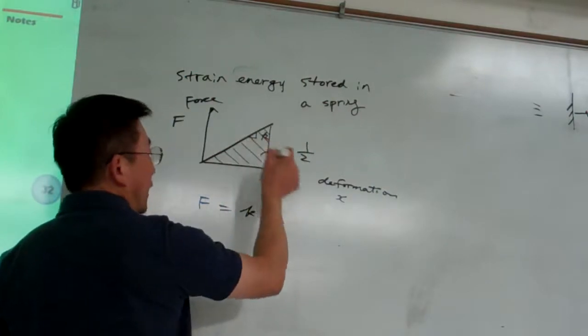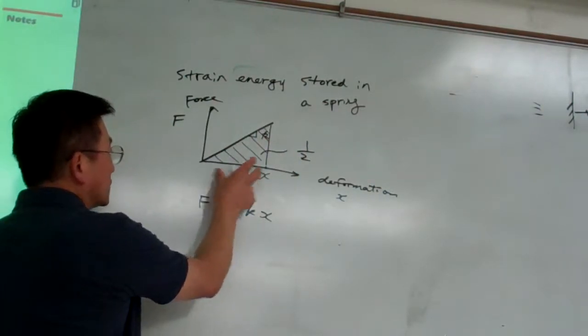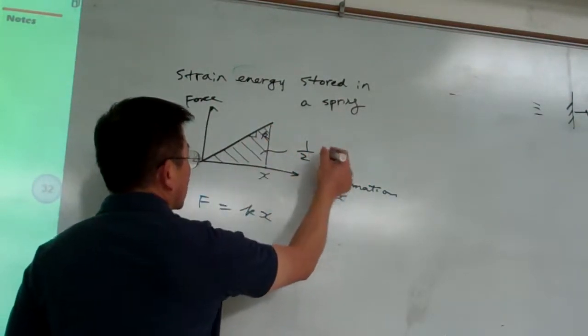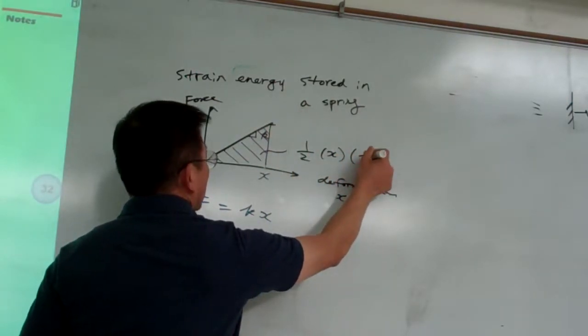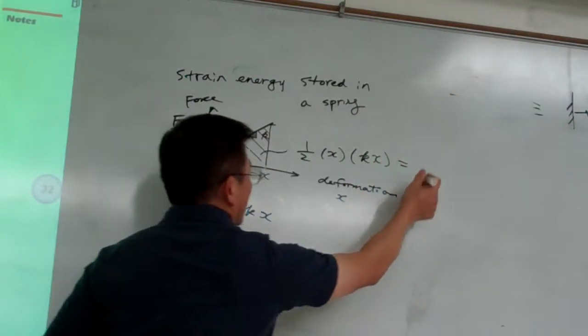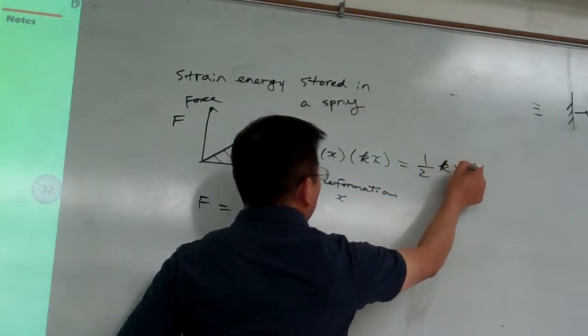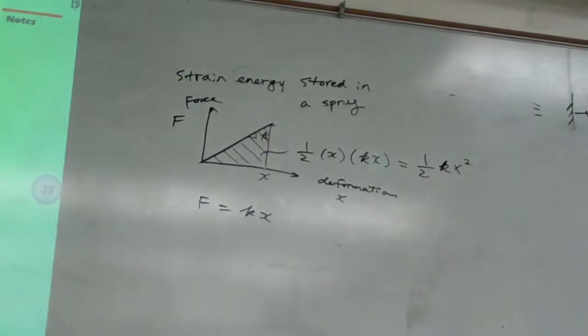One half of this triangle, the base multiplied by the height. Base is x, height equals F, and F equals kx. So in general, the strain energy is one half kx squared. Using that here.